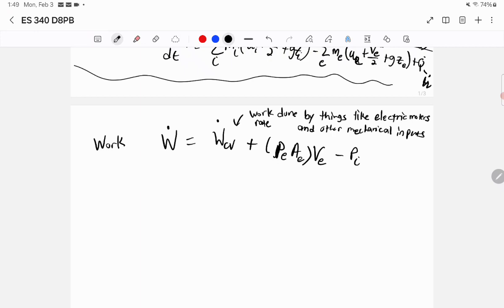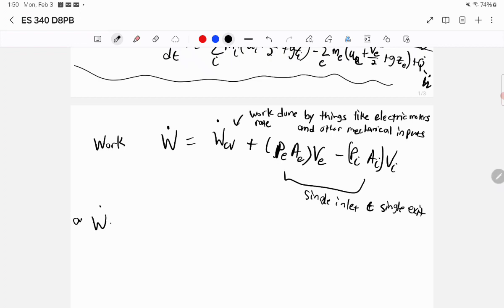This would be like a single inlet and a single exit type problem. Okay, so it would be something like this, plus m_e dot, again, single inlet, single exit case.